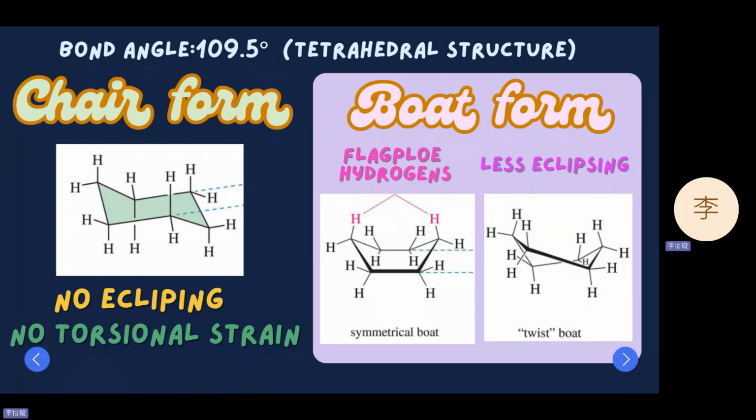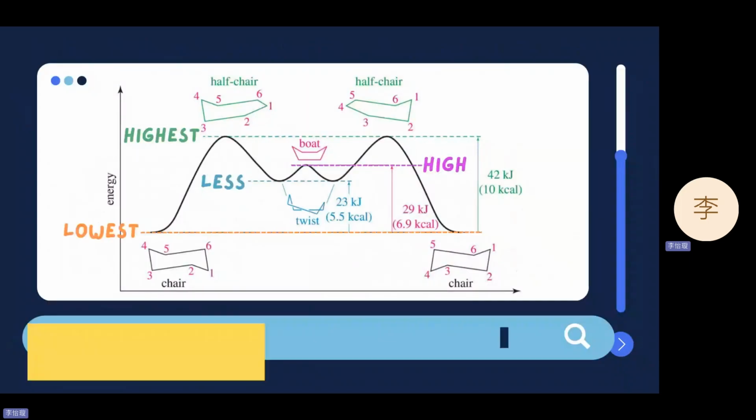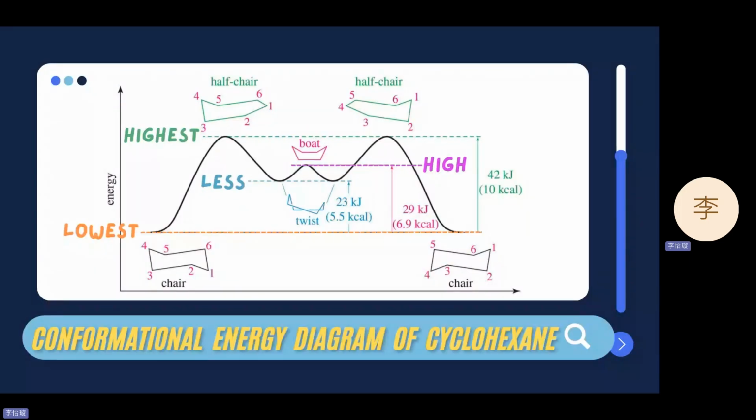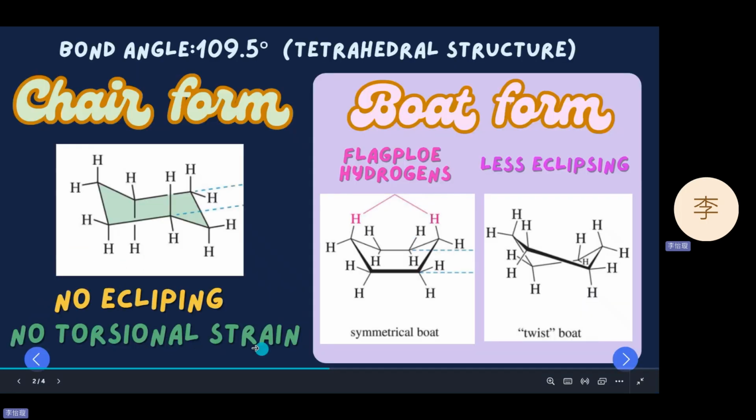So moving on to the second point. As you can see on this graph, it highlights the importance of cyclohexane's different conformations and their energy. Let me expand on this part. This relates to what I was saying earlier. From left to right, the first conformation is the chair form, which has the lowest energy since there is no torsional strain.